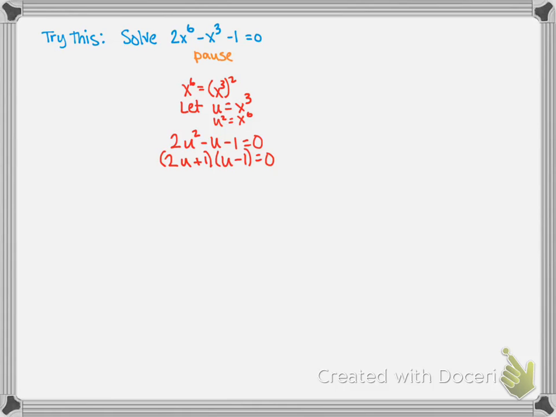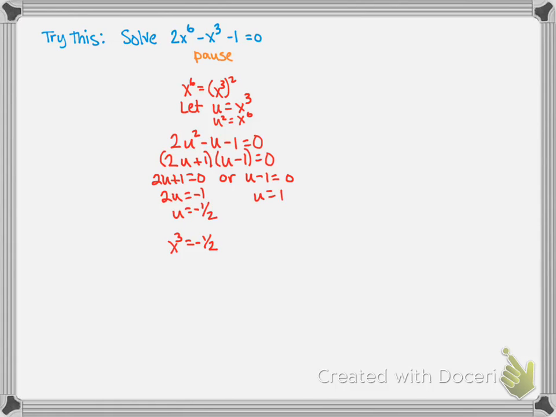This factors to 2u plus 1 times u minus 1 equals 0. Zero product property makes this become 2u plus 1 equals 0, or u minus 1 equals 0. So 2u equals negative 1, or u equals negative 1/2. U equals 1.